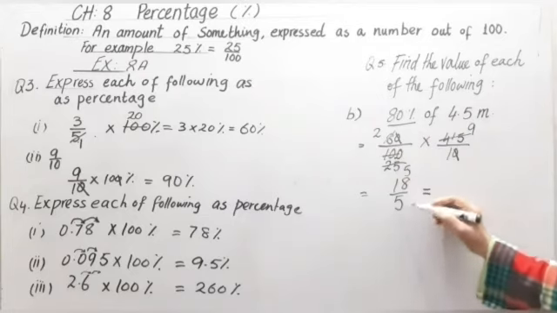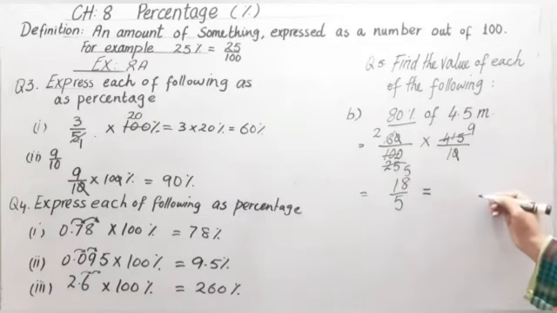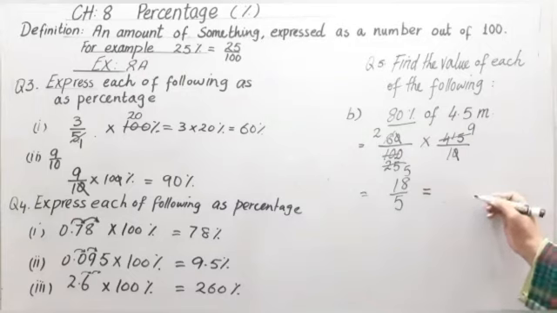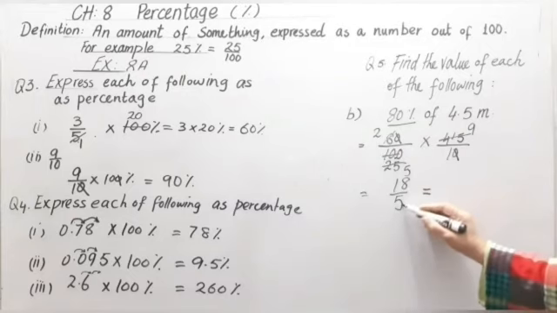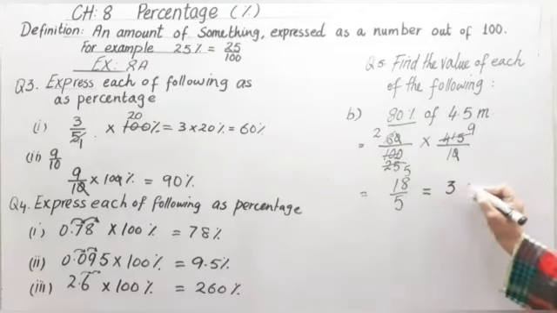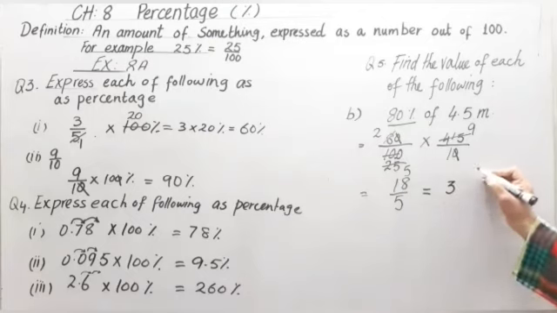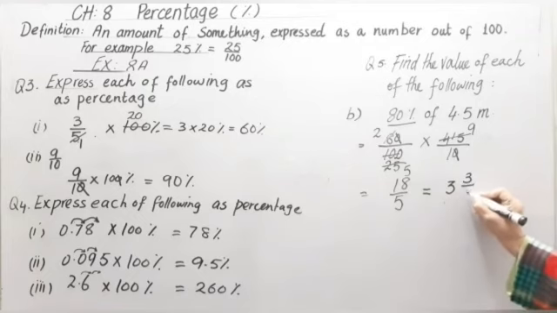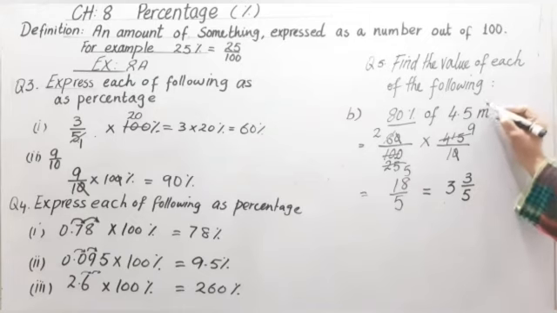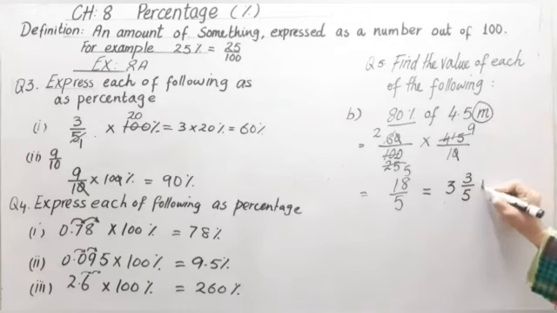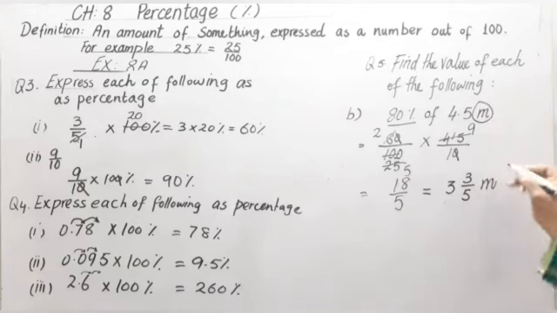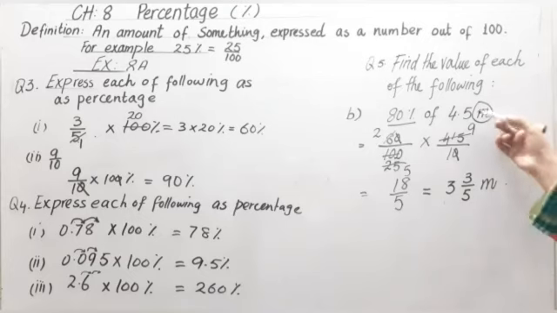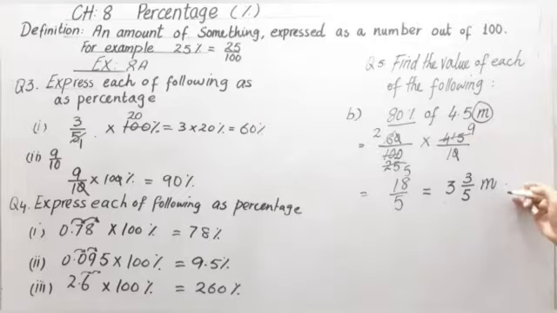But this is an improper fraction, so we change it into a proper mixed fraction or decimal. 5 threes are 15, 16, 17, 18. This is your answer, but the unit which is written in the question is also in the answer. If the question has the dollar mark, you write dollar here. Otherwise this is your answer. Thank you.